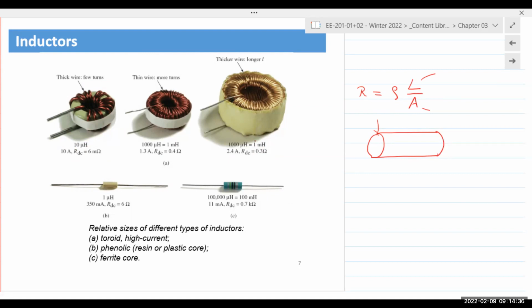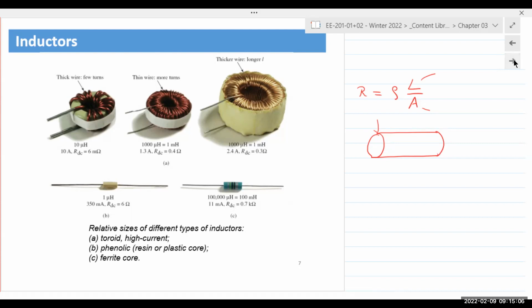Obviously we can use all of them in PCBs, but typically if we're creating electronic circuits where you need a smaller inductor, that's where we would use the phenolic ones or the ferrite core ones right there. And they look like resistors, right? The packaging looks like a resistor, but it's an inductor. So just a couple of different types of inductors that you can find in real life.